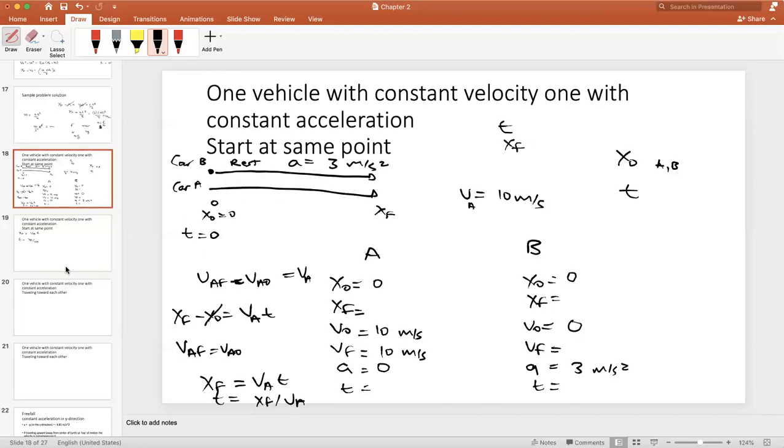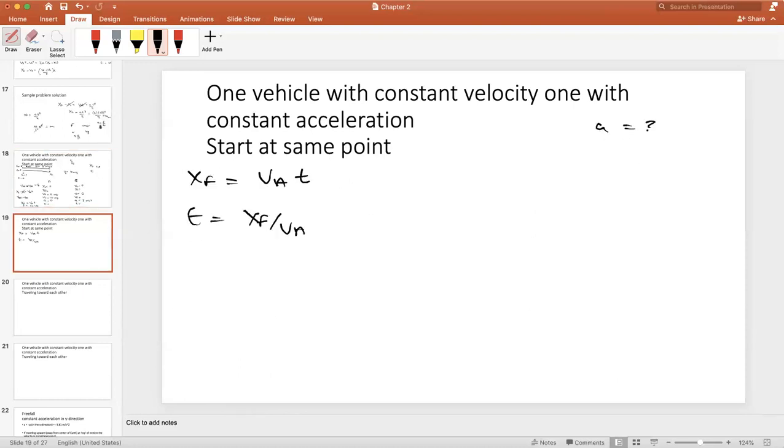Now we need to remember that B only has an acceleration of 3 meters per second squared, and x naught and v naught of B are both 0.